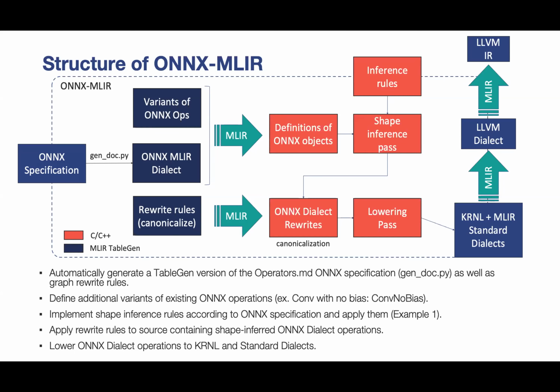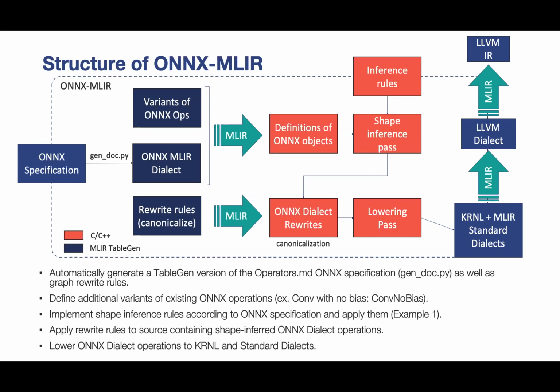So MLIR makes it easy for us to perform this because it supports a type of representation called TableGen, which can be used as, let's say, a blueprint for defining these operations very succinctly. And then from that, it can automatically generate all the code and all the classes and all the C++ code that is used to define these objects.